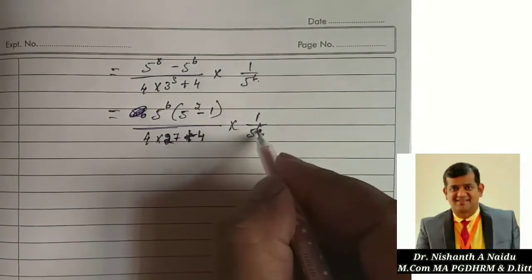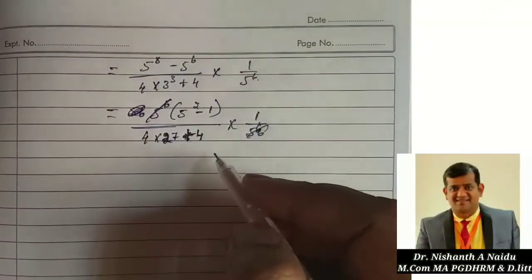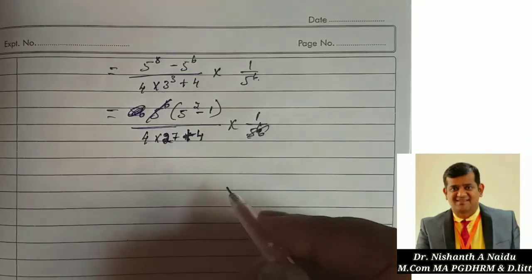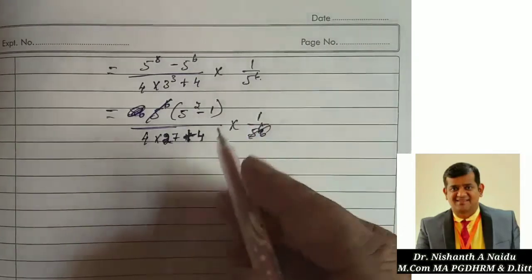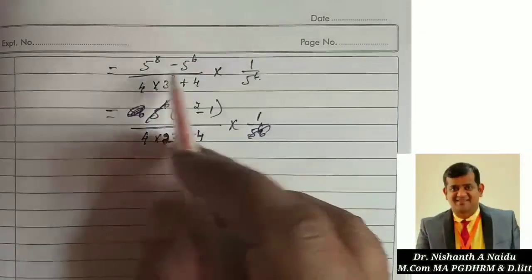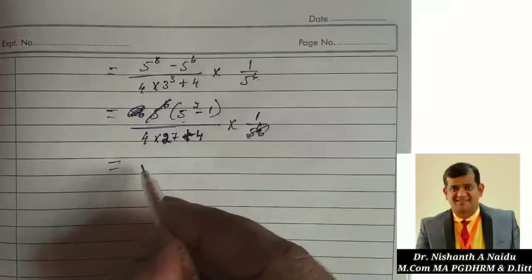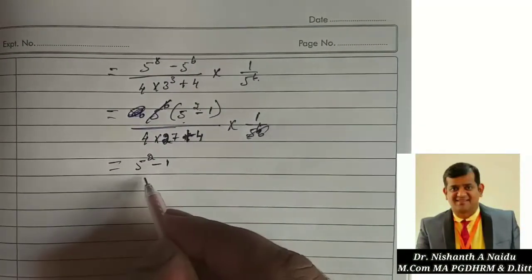So this 5 to the power 6 and this 5 to the power 6 got cancelled, so 1 remained. Out of the 5 to the power 8, I have deducted 5 to the power 6, so I got 5 to the power 2. So now I have 5 to the power 2 minus 1.